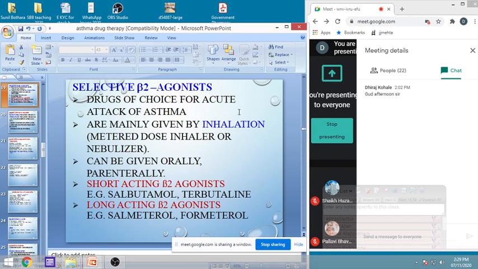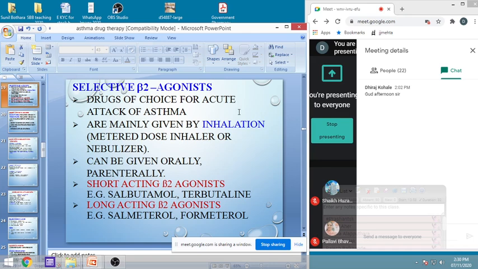Examples of these are salbutamol and terbutaline. These are SABA, that is short acting beta 2 agonists, and others are LABA, that is long acting beta 2 agonists. Short acting are given only in acute situations. Long acting are given as prophylactic where the asthma is occurring for a long period of time.